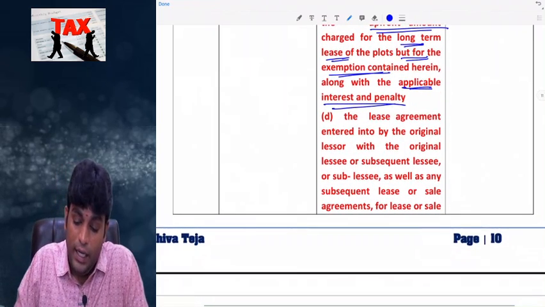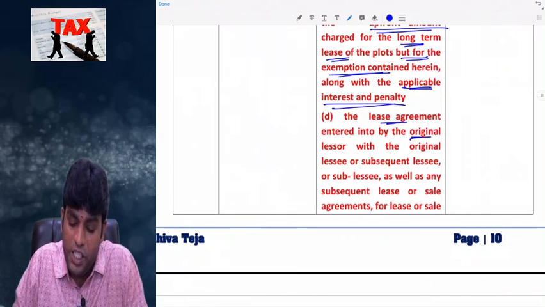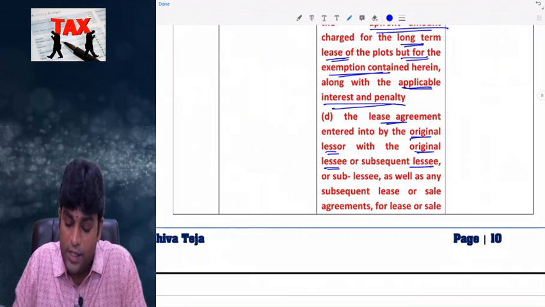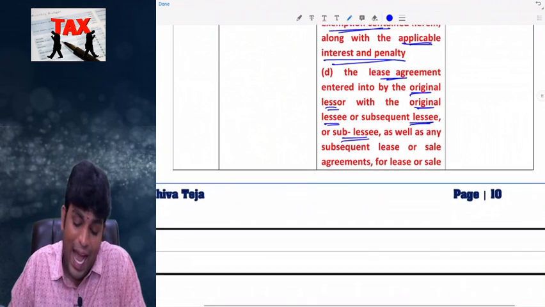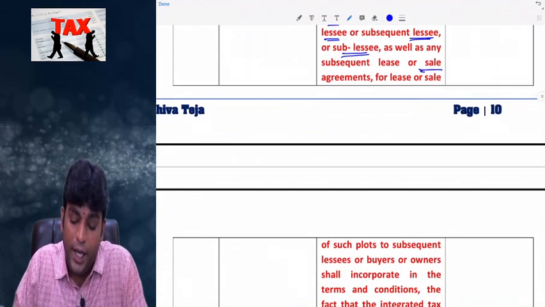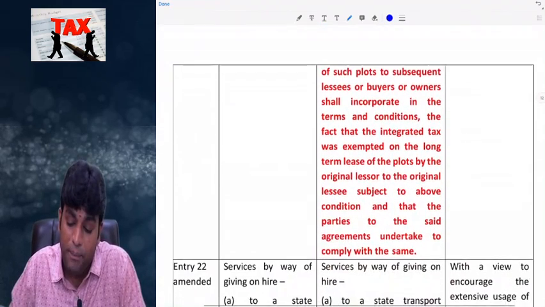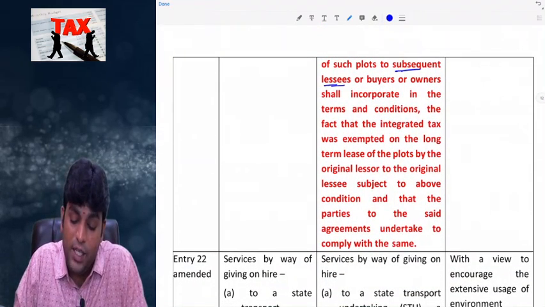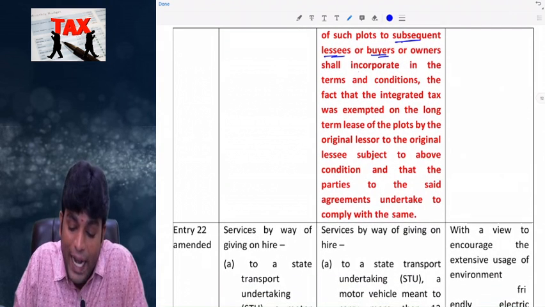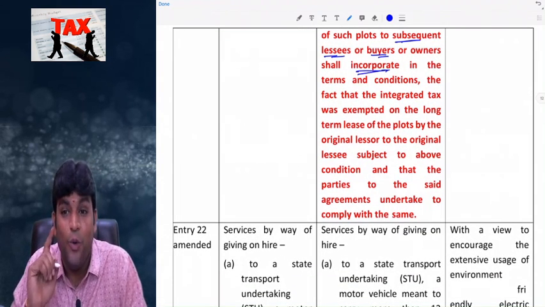Next. Lease agreements entered into by the original lessor with the original lessee or subsequent lessee or sublessee, as well as any subsequent lease or agreements for sale or lease of the plots to subsequent lessees or buyers, shall incorporate in the terms and conditions what?